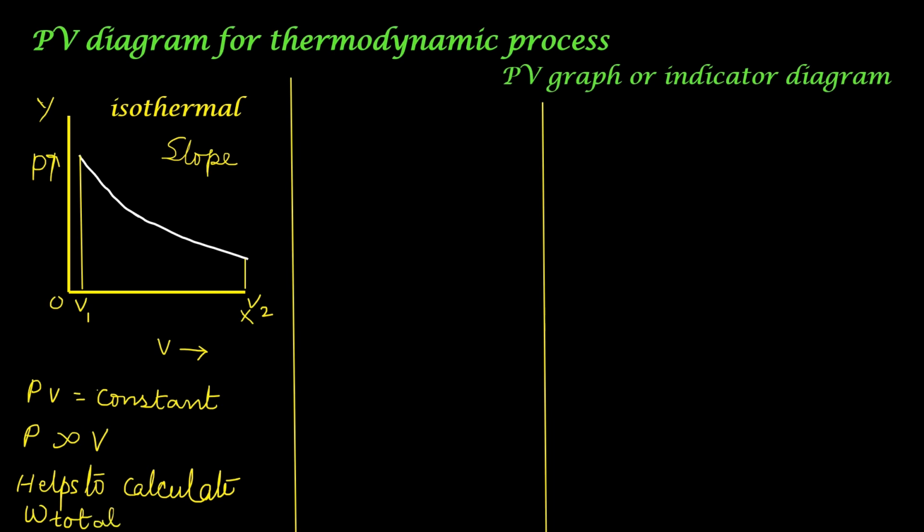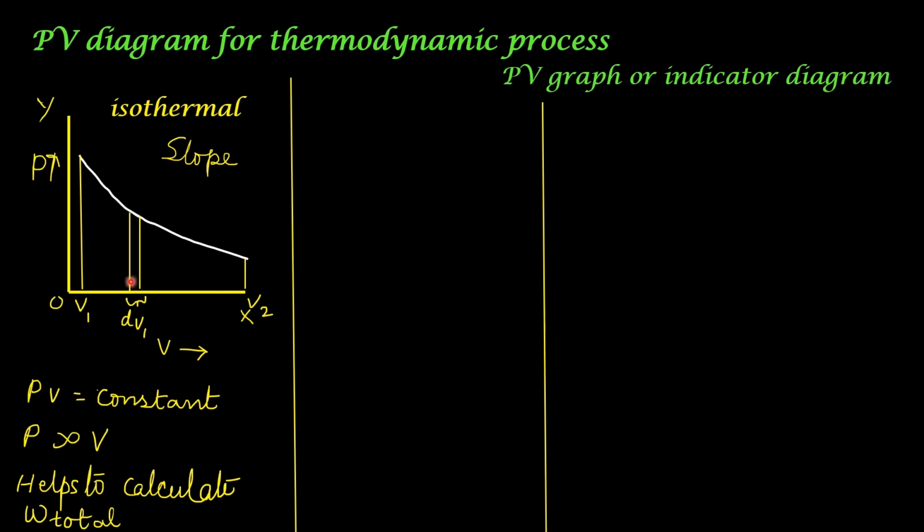For that purpose, the distance V1 to V2 is split into several infinitesimally small segments, that is dV, and the work done for these different dV is determined separately. Let us consider one or two such dV. Let us mark this segment as dV1.